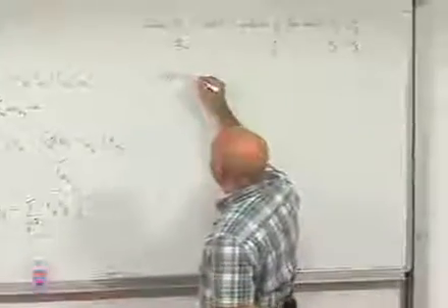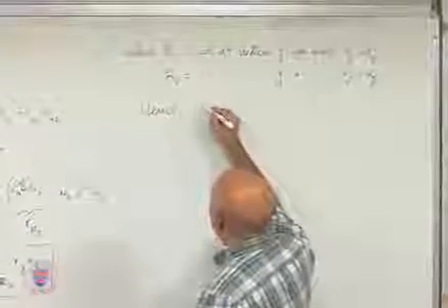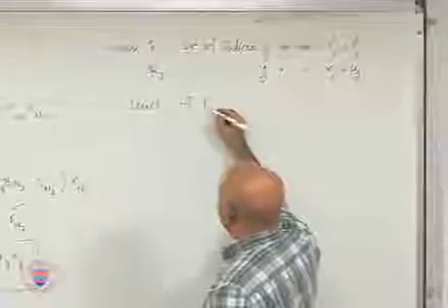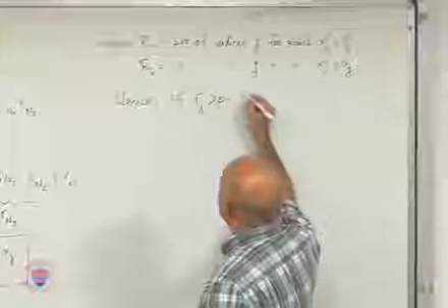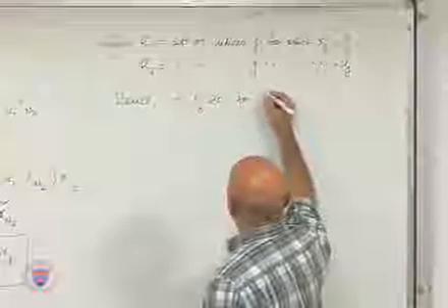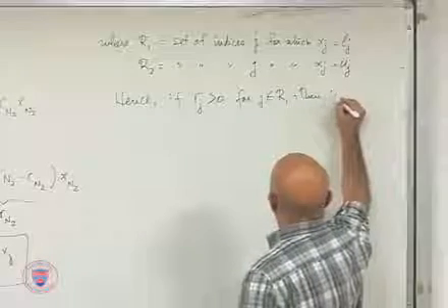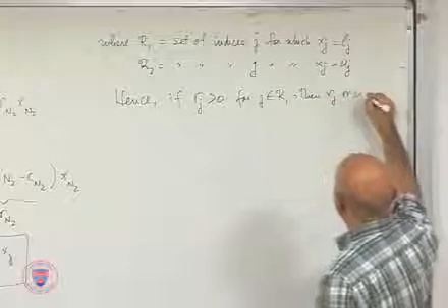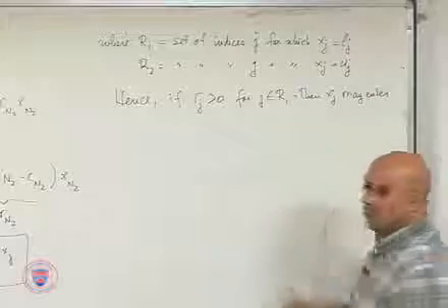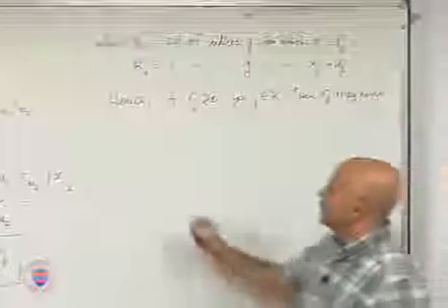So, hence, if rj is positive for some j in R1, then xj may enter or can enter to improve the objective value.